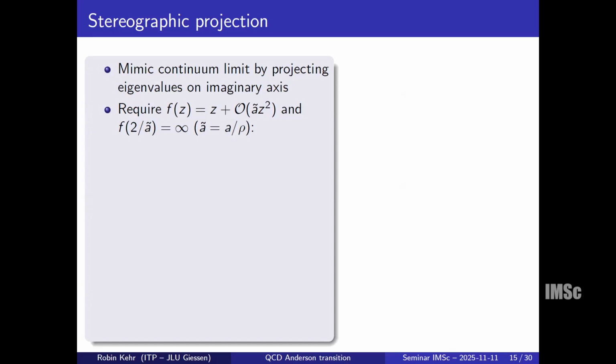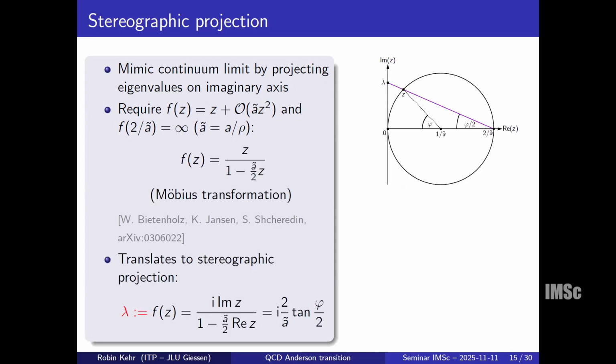Then we also do a stereographic projection. Usually we are on the Ginsparg-Wilson circle, but then we project onto the imaginary axis where the eigenvalues should be in the continuum limit, in order to hopefully improve the limit a little bit. Therefore we have to require, maybe I showed the picture already: if z is really close here, then it just has to map onto itself. So we have this condition here.